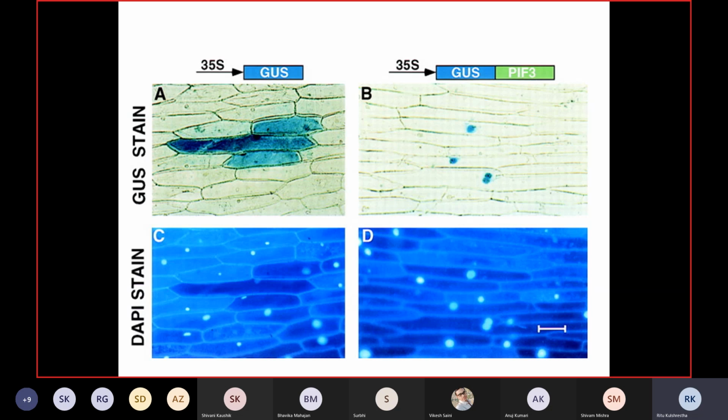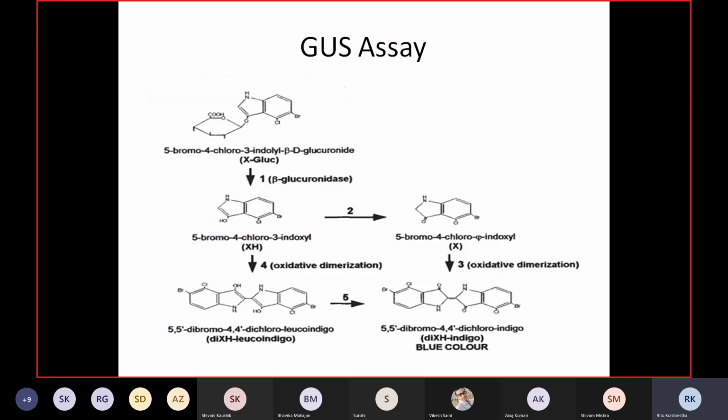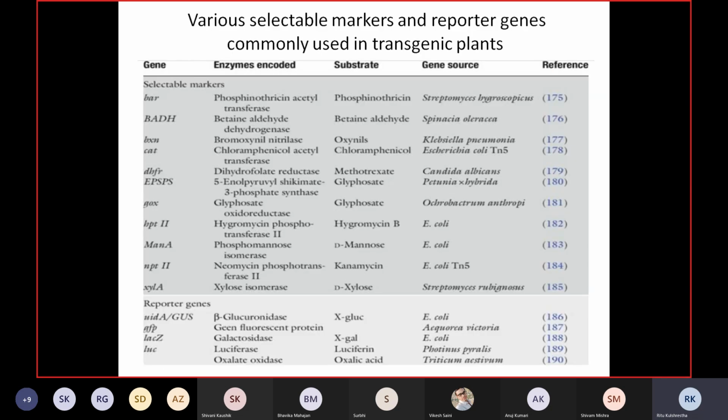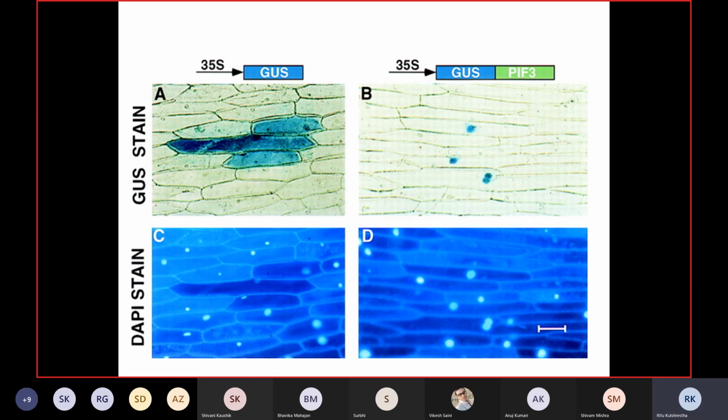Similarly, in various plant cloning vectors, they have used many of these CaMV promoters, these caulimovirus-derived promoters. Because these are viral promoters, and we know that viruses multiply very fast once they infect, these promoters are used in many plant cloning vectors.